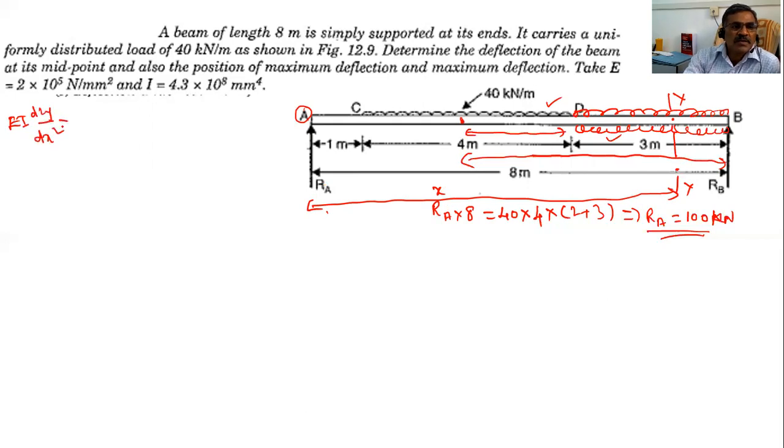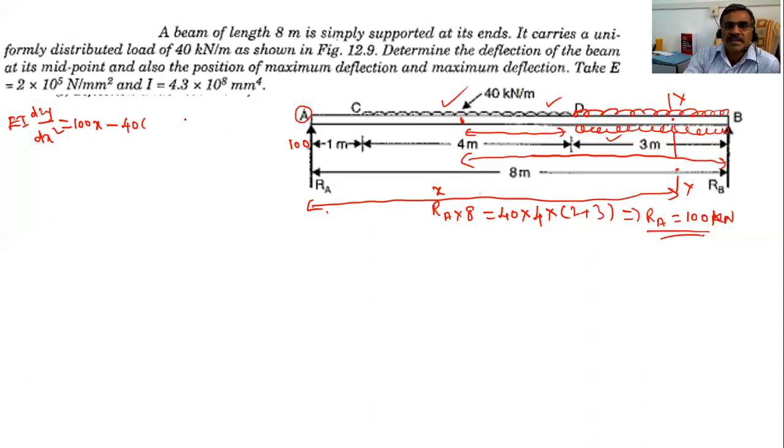In this equation, this is 100 kilonewtons. So if we take moment about this, that is 100 into x minus, you take now the 40 kilonewton load up to this support.